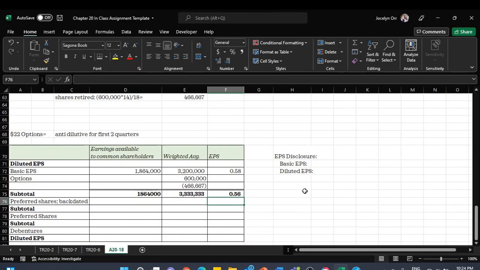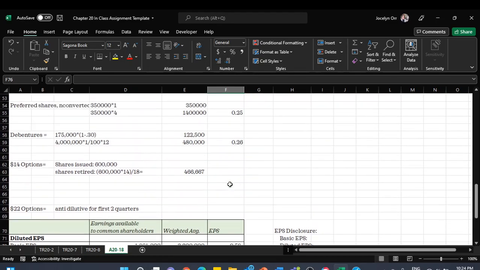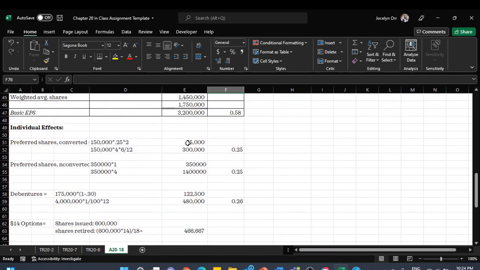So now we can start including our preferred shares. So we're starting with these backdated shares, which refers to those that had been converted. Okay, so 75,000 was the impact to our numerator.